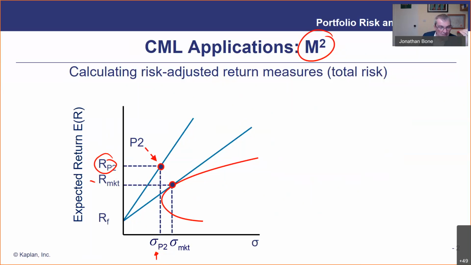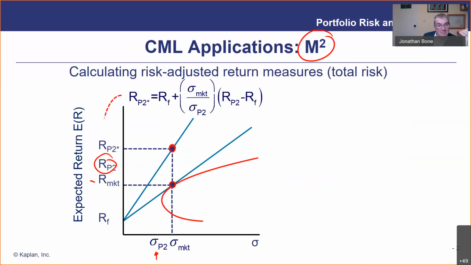So I'm going to borrow at the risk-free rate and invest more than 100% of my wealth in portfolio 2 until its risk increases such that it now has the same risk as the market portfolio. Now, the significance is I now can compare that with that, and the difference is the M squared measure.